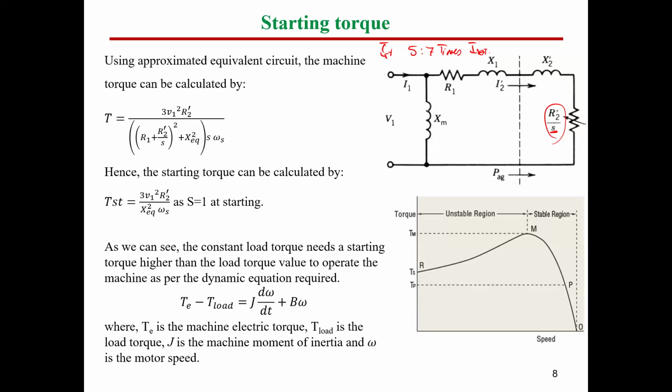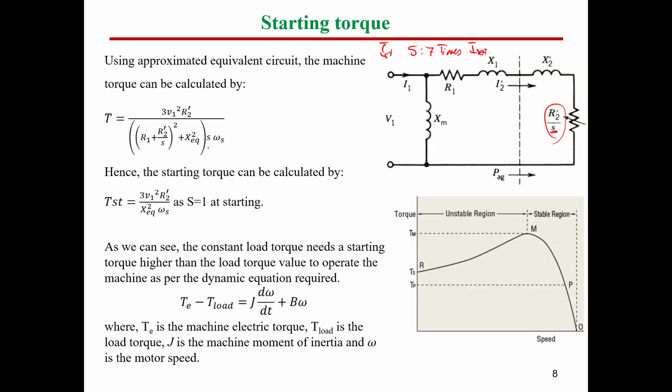Let's go back again to the equations. If you apply S equals 1 here, you will find that the torque at starting is, this is the regular torque equation, 3V square R2 prime divided by, R1 plus R2 prime divided by S, all squared, plus X equivalent squared, all times S times omega s.